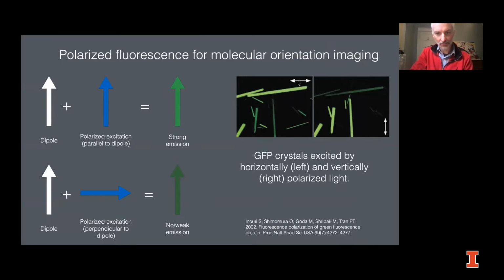In this left-hand panel, the light is horizontally polarized, and so you can see that the horizontal crystals are very, very bright, and the vertical ones quite dim. And then over here in the right-hand panel, the polarization is vertical, and you can see the vertical ones are lighting up. Okay, so this is a way, these are big crystals, we can actually see how they're oriented at the scale of the microscope. But in principle, this would allow you to be sensitive to even sub-resolution orientation, and that's what we're trying to exploit here.